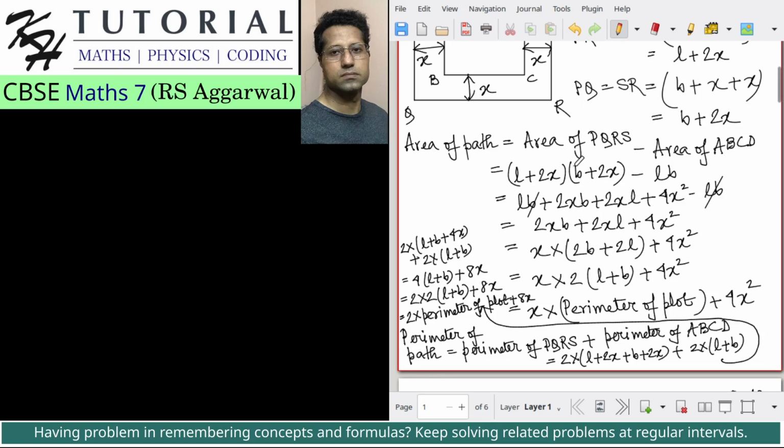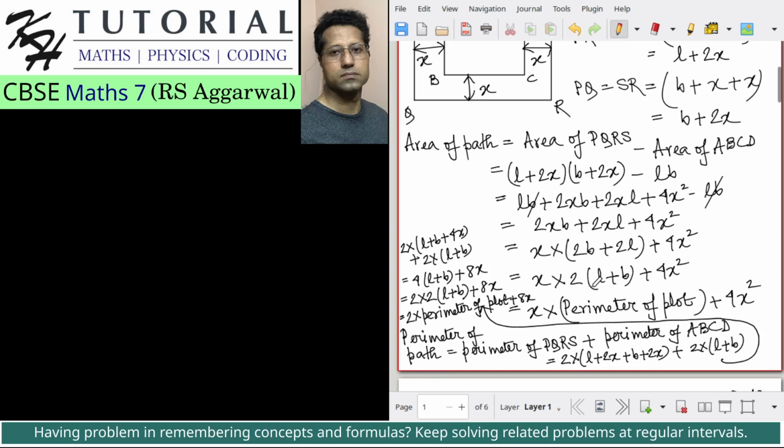So we see that the area of the path, when the path is outside along a rectangular plot, is x into 2 into L plus B plus 4x square, where L is the length of the rectangular plot, B is the breadth of the rectangular plot, and x is the uniform width of the path.